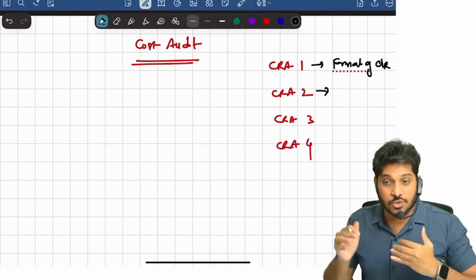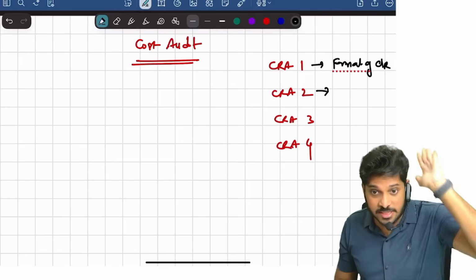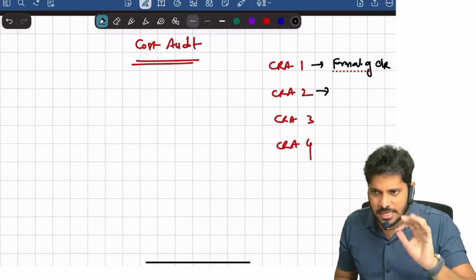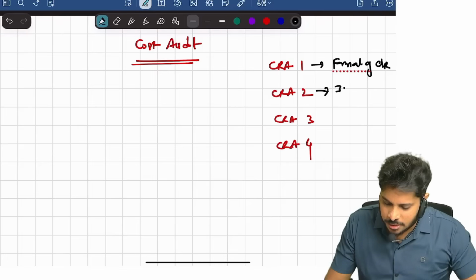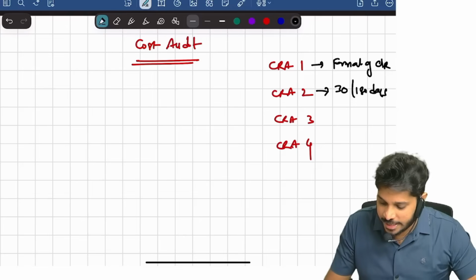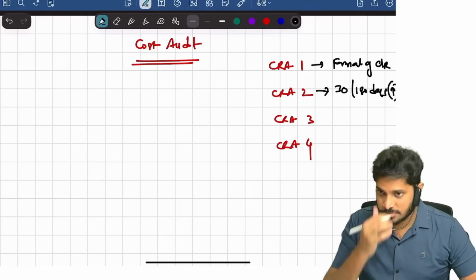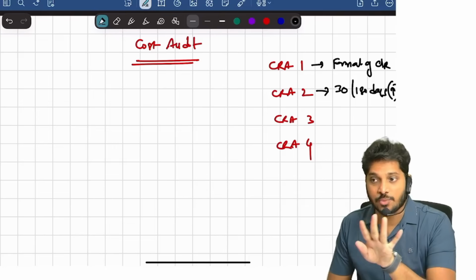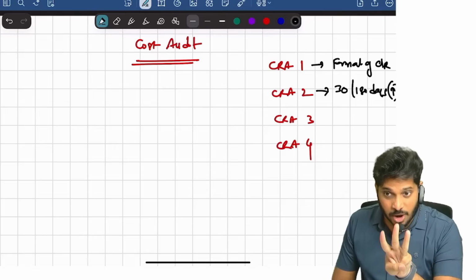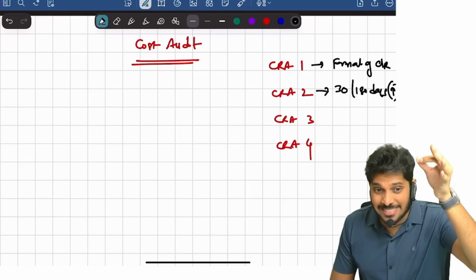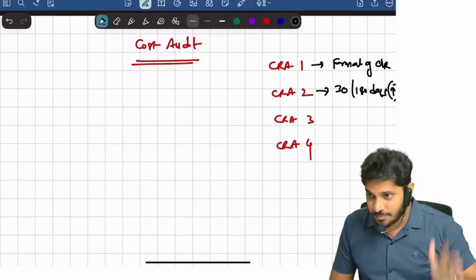What is the time limit for intimation in CRA 2? 30 days or 180 days, whichever is earlier. What do you mean by 30 or 180? 30 days from the appointment date or 180 days from the commencement of the financial year.